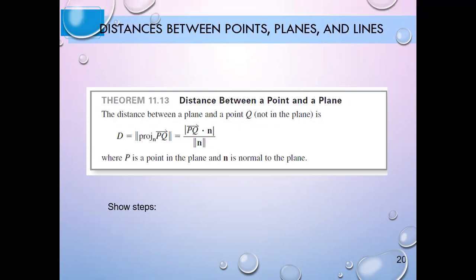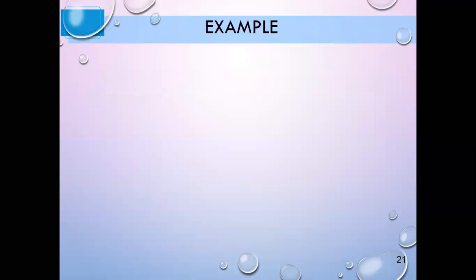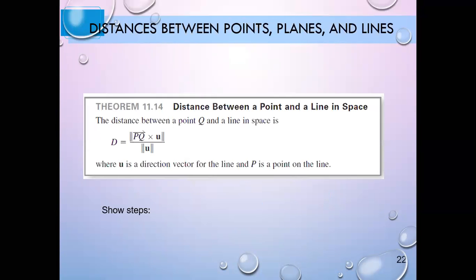The dot product of PQ and n divided by the length of n, yeah? Here, it's PQ not dotted with n, but crossed with not the normal vector, but here I'm talking about a line, so I'm going to be dealing with a direction vector, yes?